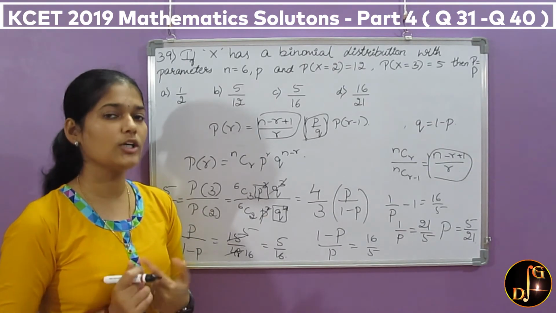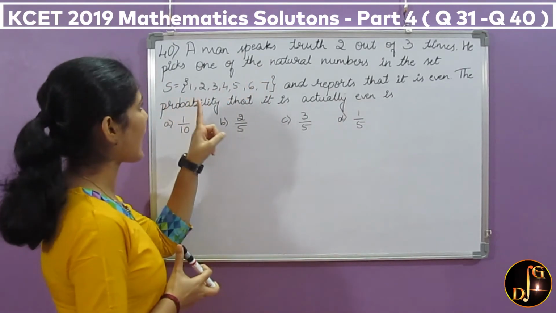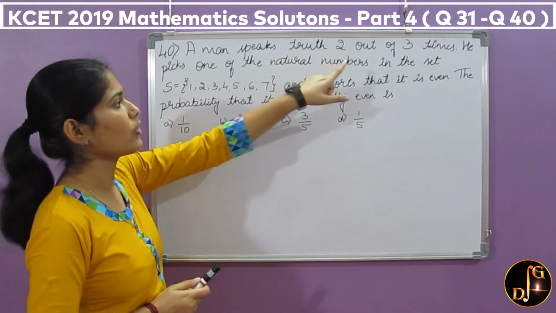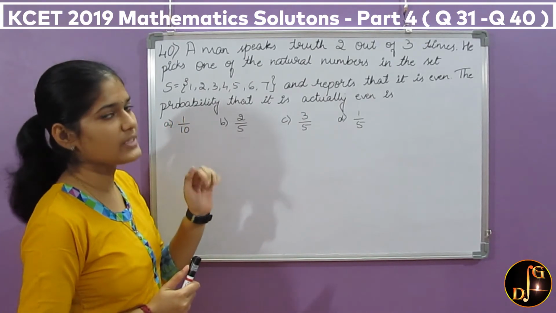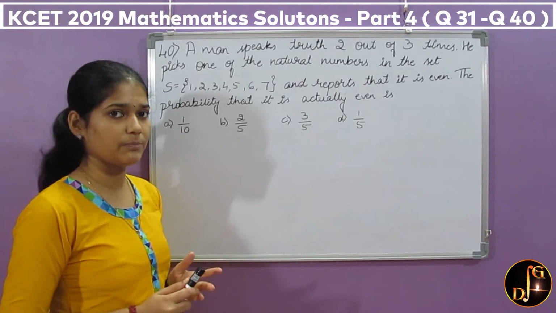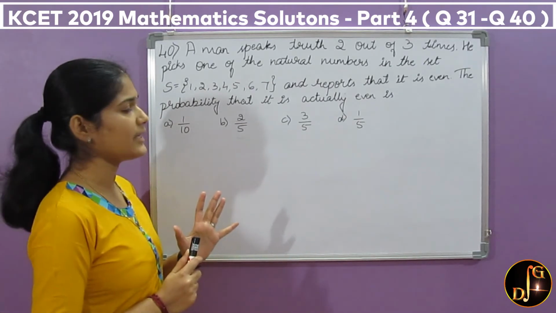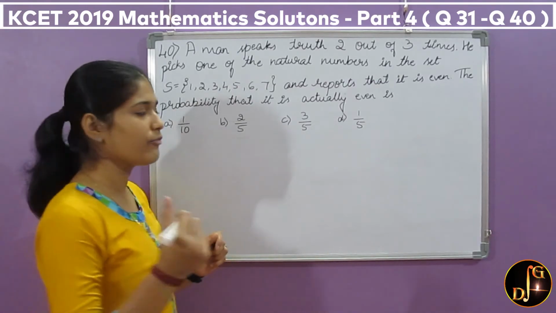Now let's move on to the next problem. In this problem, they have given a man speaks truth 2 out of 3 times and he picks one of the natural numbers in the set 1 to 7 and reports it as the even number. We have to find the probability that it is actually an even number. Let's draw a figure for this.